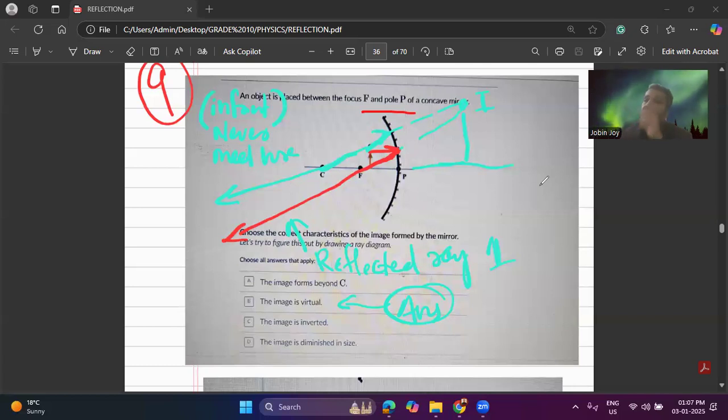If the object is at point F, again the image will be enlarged, and we will be getting it at infinity. But if the object is between F and P, the image will be behind the mirror. That means virtual. So the answer is virtual.